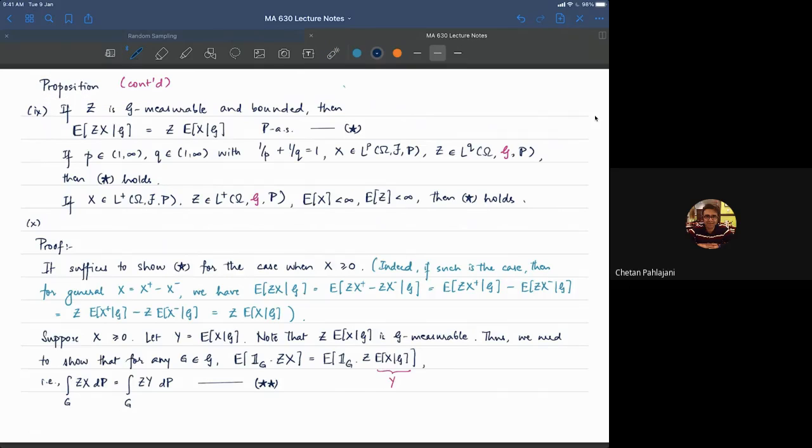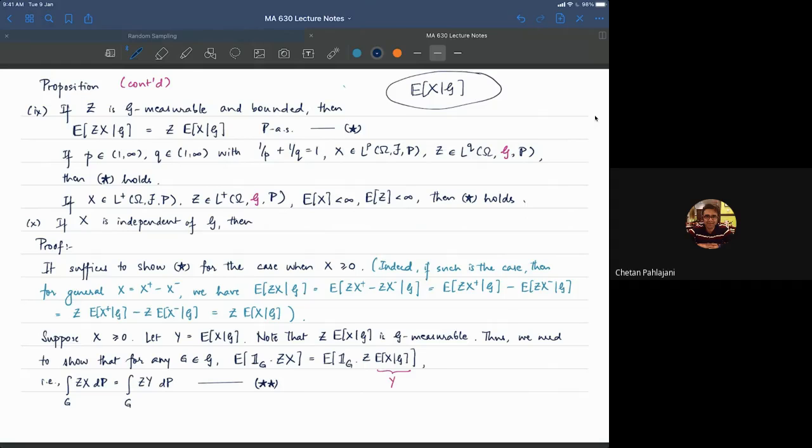So proposition number 10 is: if X is independent of G, then, before I write out what the answer is, let's think for a second. We're talking of E of X given G. What are we thinking of this object as?